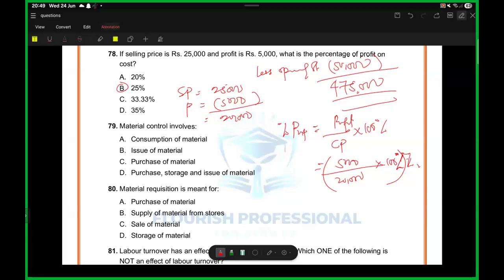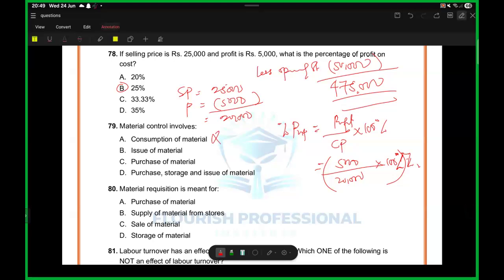Guys, it's very simple. Let's be cooperative and see how we can go about it. Material control involves, if you are controlling your materials in the organization, does it involve consumption of the materials? If you are consuming, it doesn't mean you are controlling it. You are rather exhausting it.